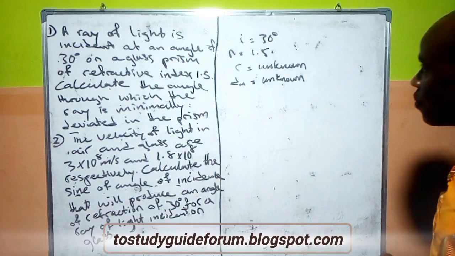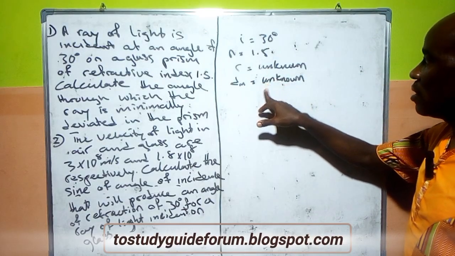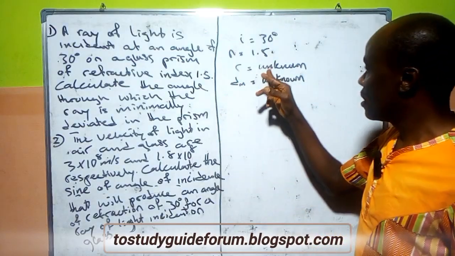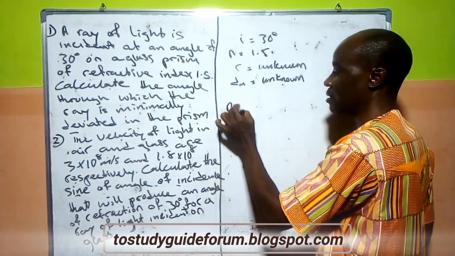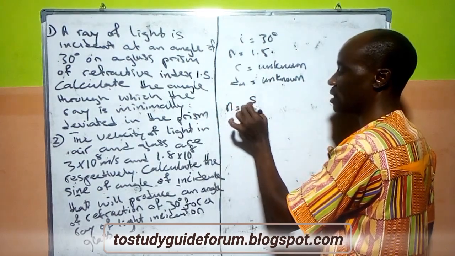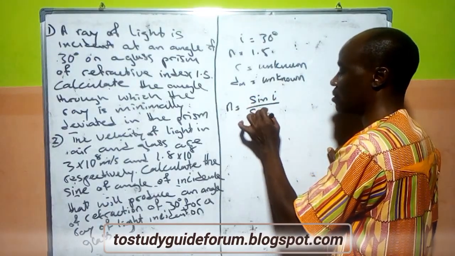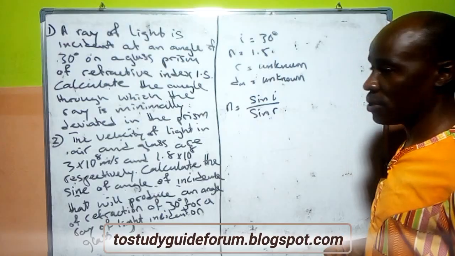But if we are able to get this, we can get the other one. So in this case, we are looking for minimal deviation. By using the equation, we know that the refractive index n equals sine i over sine r. That one is established already.